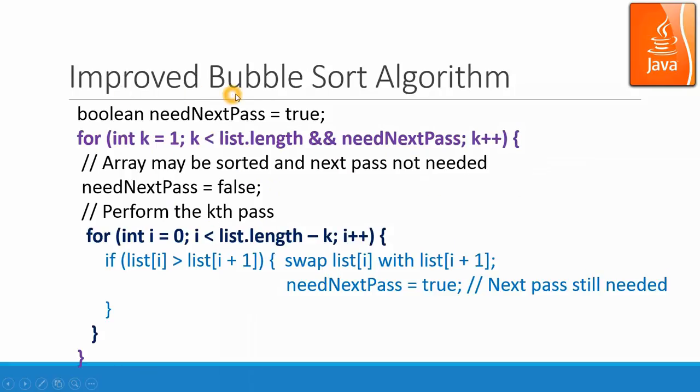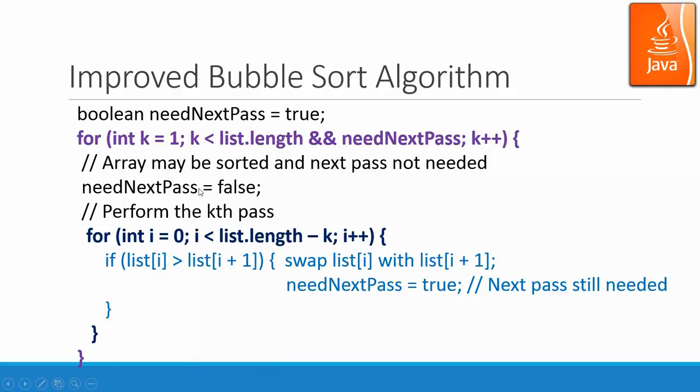Now, let's look at the improved BubbleSort algorithm. The basic idea is the same as the previous complete version, except that we have another Boolean variable called needNextPass.